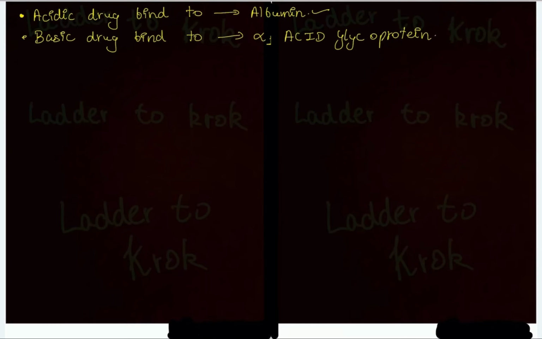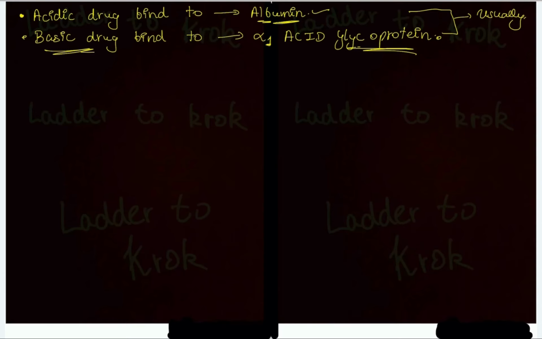So acidic drug will bind to albumin in your body, and basic drugs bind to glycoprotein, to be very specific, alpha-1 acid glycoprotein. Okay, and this is not a 100% thing. It is usually so. There are some exceptions obviously, but you won't need them. So acidic drug binds to albumin and basic drug binds to alpha-1 acid glycoprotein.